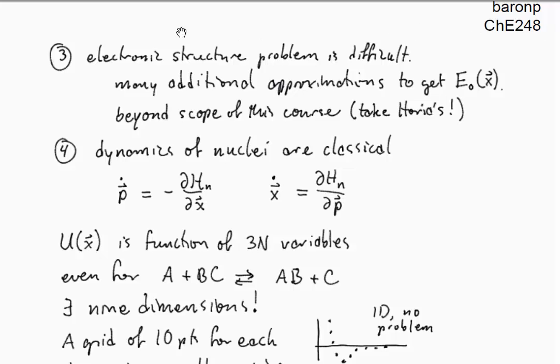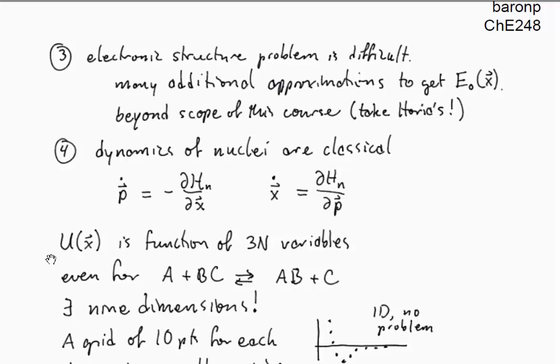As I mentioned, there's a lot of approximations that go into just solving the electronic structure problem itself. Many additional approximations along the way that I won't discuss here. But the dynamics of the nuclei, we typically go ahead and just assume that they are classical. And there will be cases where we have to make corrections for that, particularly for proton transfers and things. But for the most part, we can use Hamilton's equations of motion, take this nuclear Hamiltonian, and just use Hamilton's equations of motion to solve for the evolution of the nuclei.